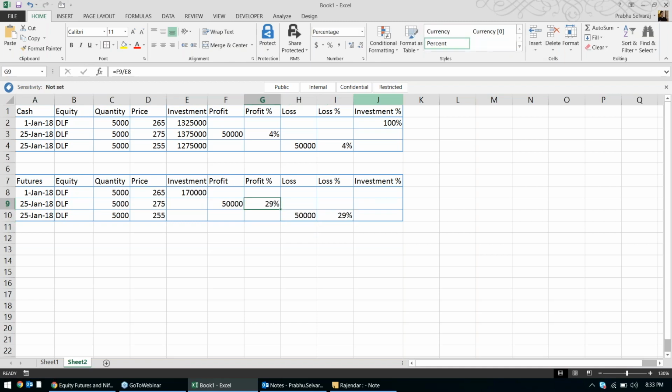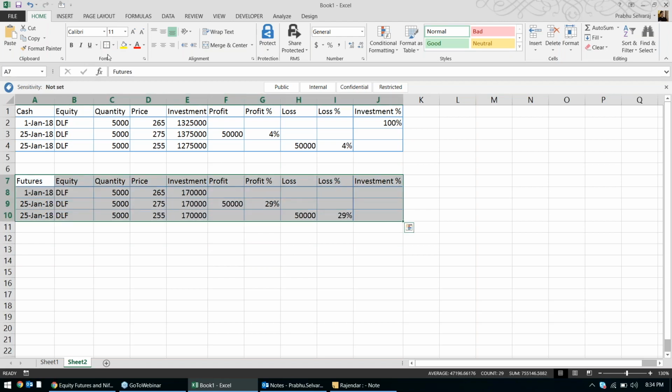Okay, this is clear. Any doubts in this? So I can buy the same amount of 5,000 shares of DLF with an investment of only 1,70,000. I can buy the same 5,000 lot, and the stock has gone up by 10 rupees. I made a profit of 50,000.